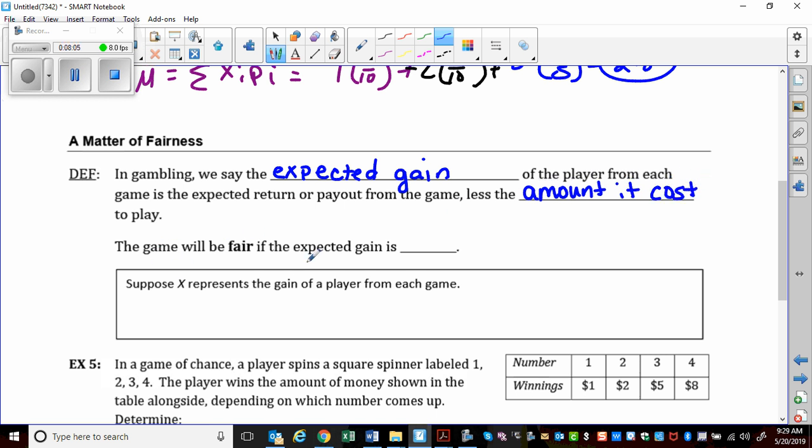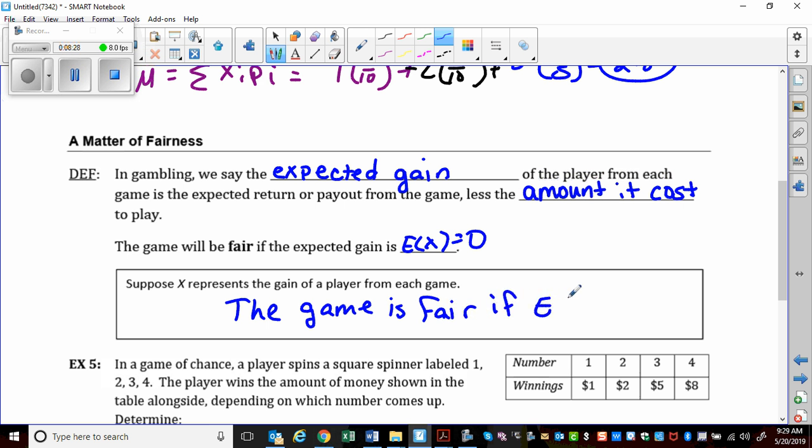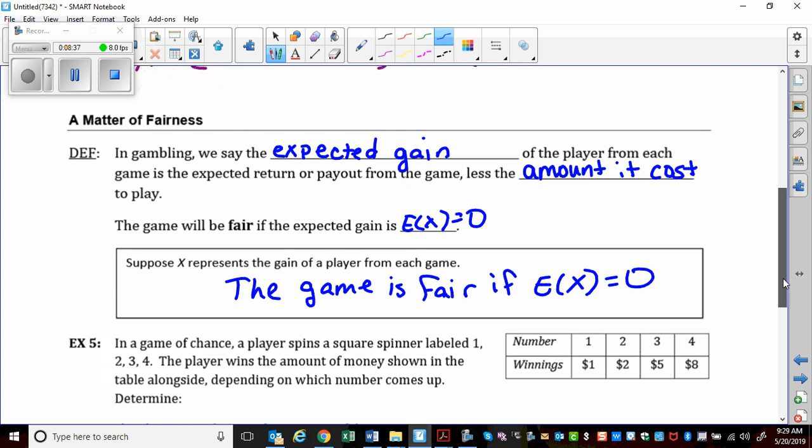The game will be fair if the expected gain is 0. All right, suppose X represents the gain of a player from each game. The game is fair if the expected gain is 0. Okay, so let's look at this.